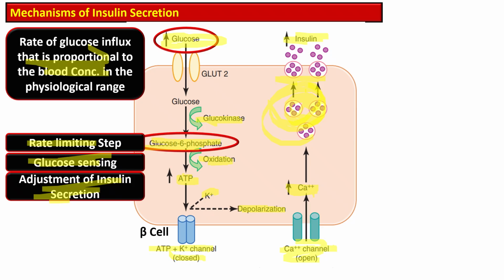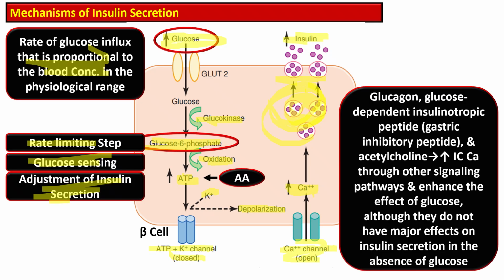So the other factors that affect insulin secretion are stimulatory nutrients, certain amino acids that increase intracellular ATP, enhancing insulin secretion, then enhancing hormones such as incretins, glucagon, GIP or glucose dependent insulinotropic peptide, and acetylcholine.